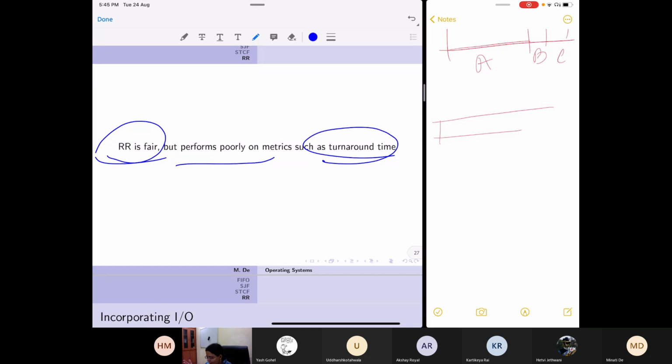With respect to turnaround time, STCF, shortest time to completion first, performs better than FIFO, and I think that's the best option so far with respect to average turnaround time. And if you see responsiveness, then round robin is the better choice. There is no single algorithm which performs best with respect to all these parameters, at least for these 3 algorithms.